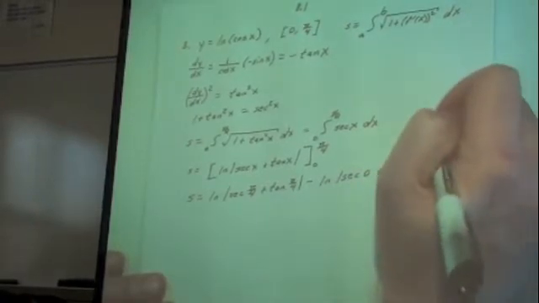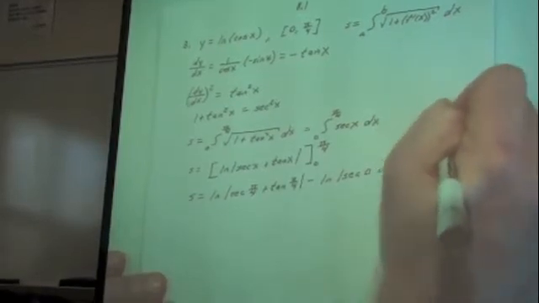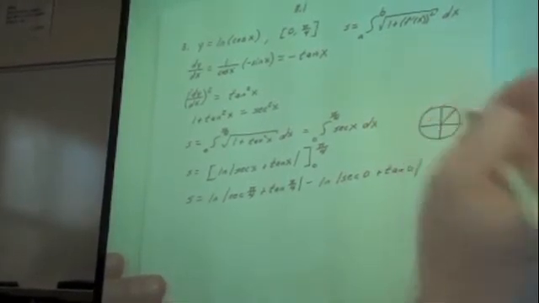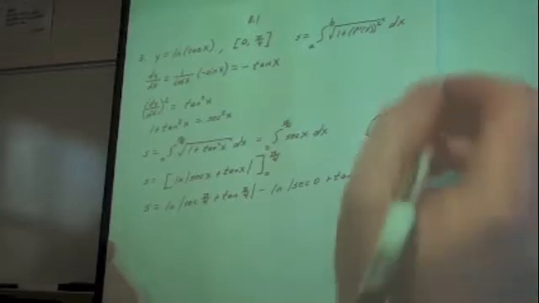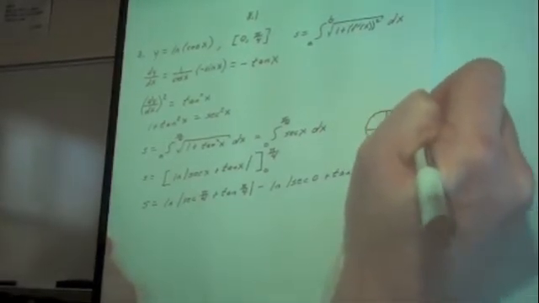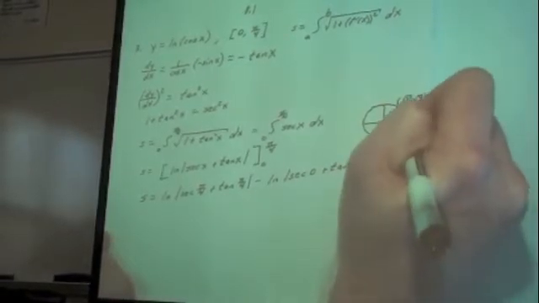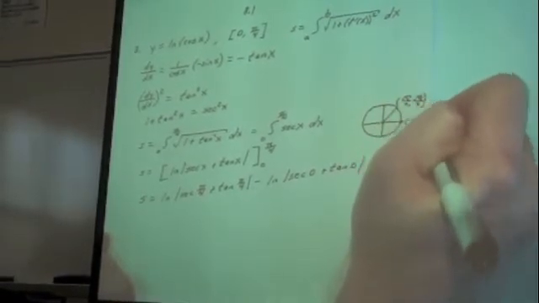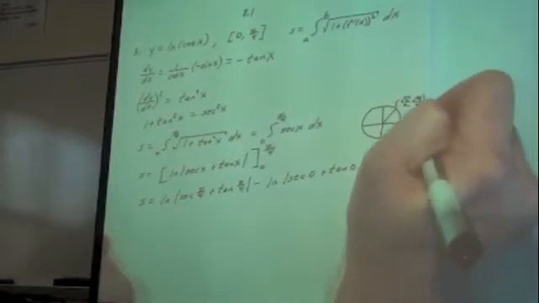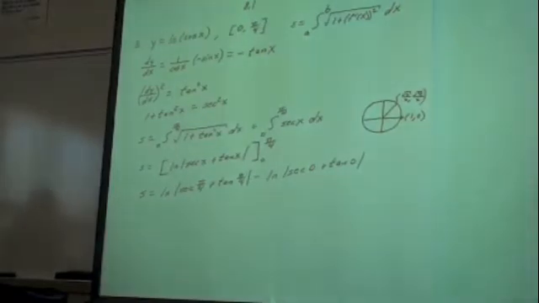And all you'd have to do just real quickly is think of a unit circle. At pi over 4, that splits the first quadrant. And at that value, both your sine and cosine are the square root of 2 over 2. And at 0, your cosine is 1 and your sine is 0.